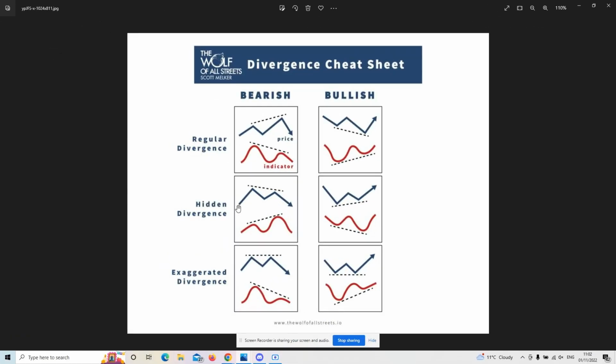Now we'll go over the hidden divergence as well. Again, there's a difference in movement between price and the RSI, but this time it's diverging in a different direction. If it's a bearish signal, you'll see a lower high in price, but the RSI shows a higher high.